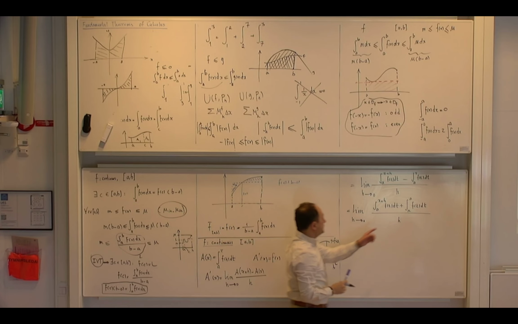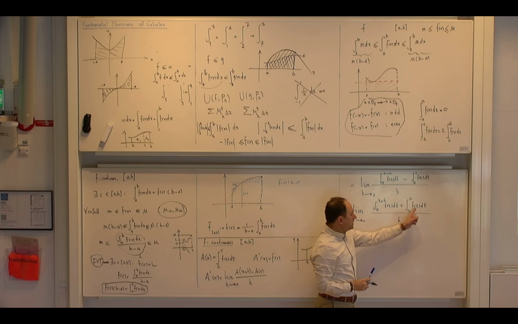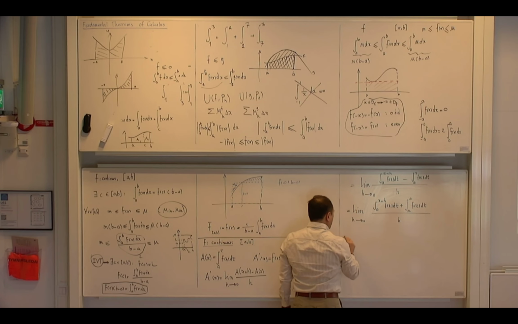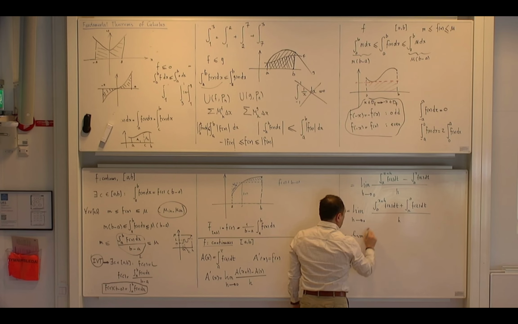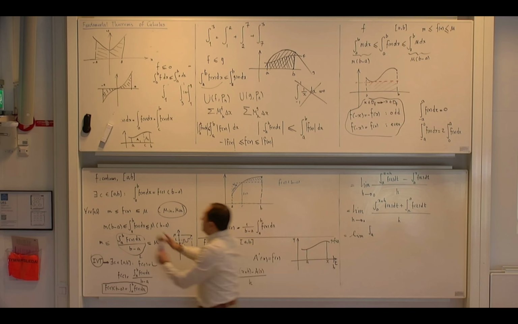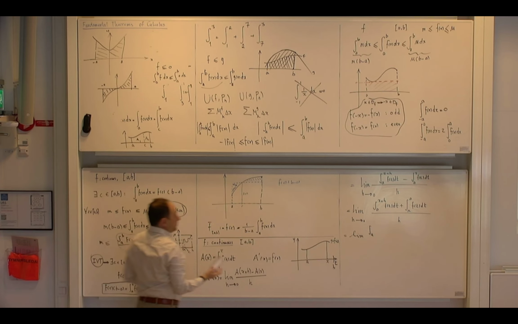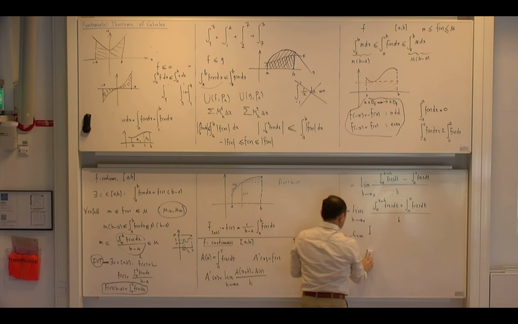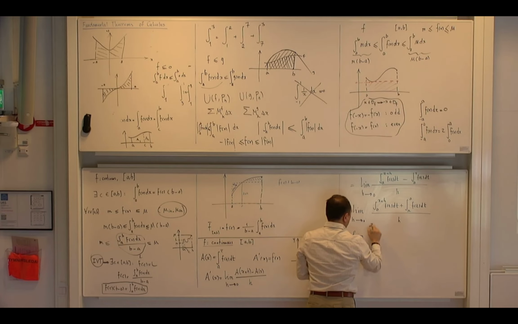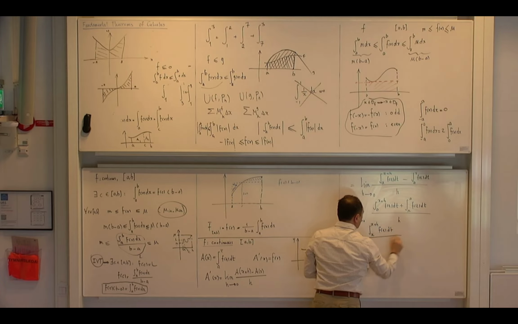So it goes from x to a of the same function. Now it goes from a to x plus h. So I can combine them into one integral, which goes from x to x plus h, and then the function f of t dt divided by h as h goes to 0.